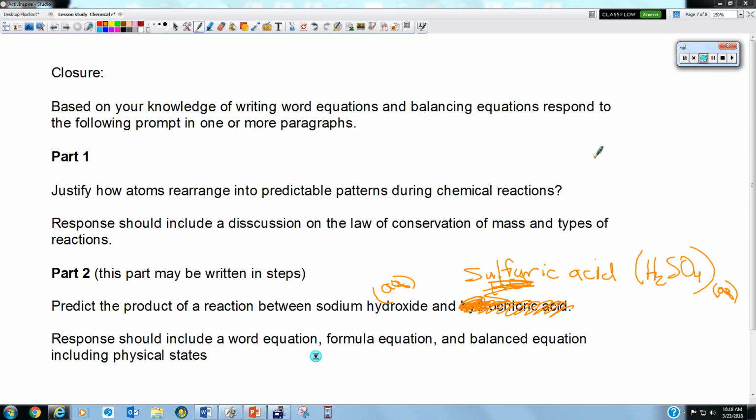The constructed response is pretty much all writing and balancing equations. There will be a few of them that are predicting. And the ones that I asked you to predict are going to be fairly straightforward. It's either going to be single replacement, double replacement, or a organic combustion. All right.